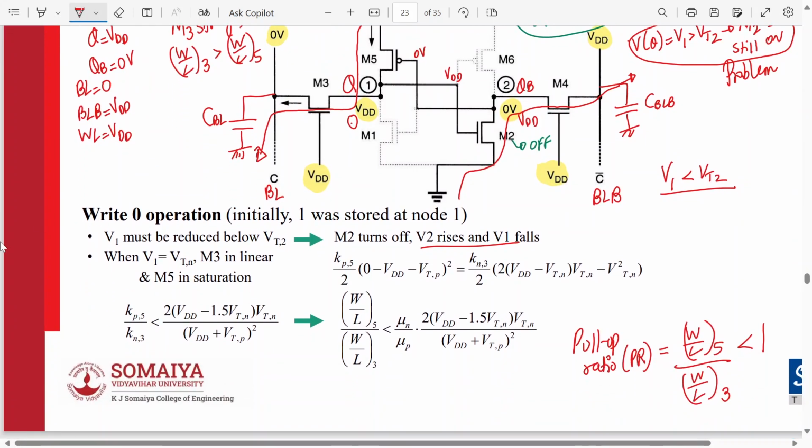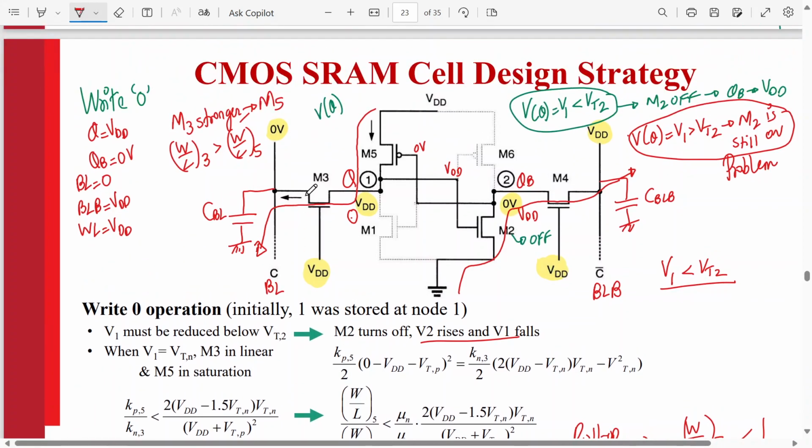That care should be taken. So in order to change the stored information, that is to force V1 equal to 0 and V2 to VDD, the node voltage V1 should be reduced below the threshold voltage of the M2 transistor so that M2 turns off first. If M2 turns off, then the voltages are proper.